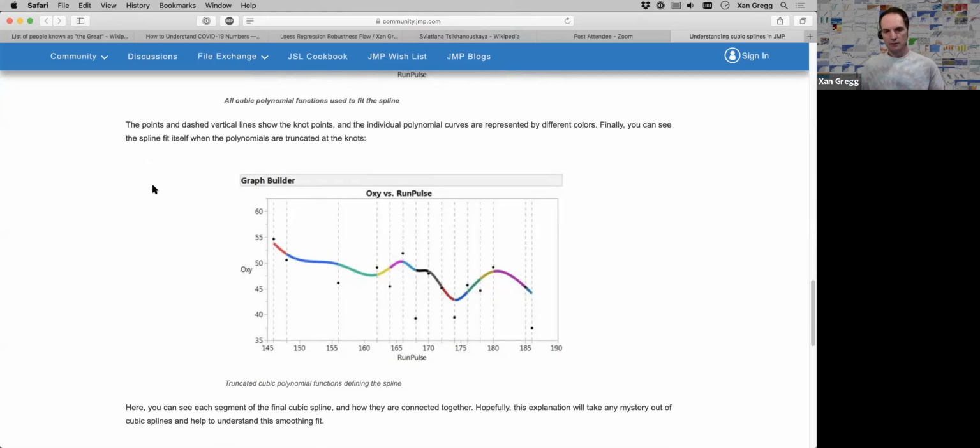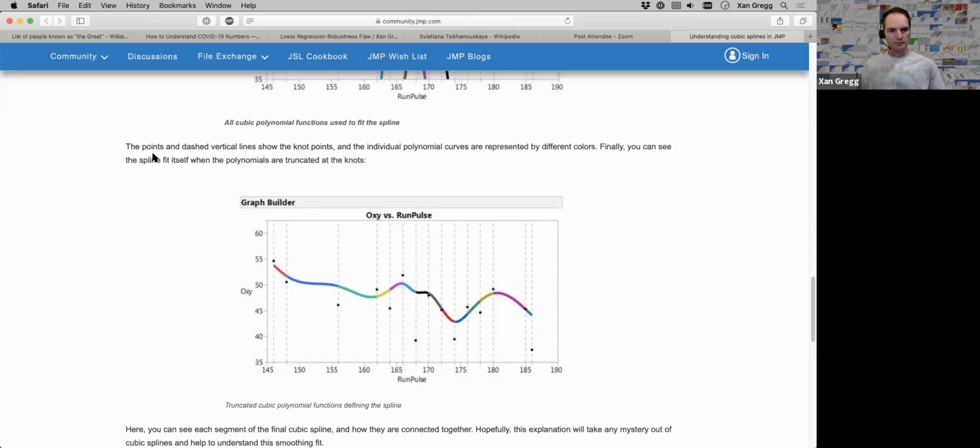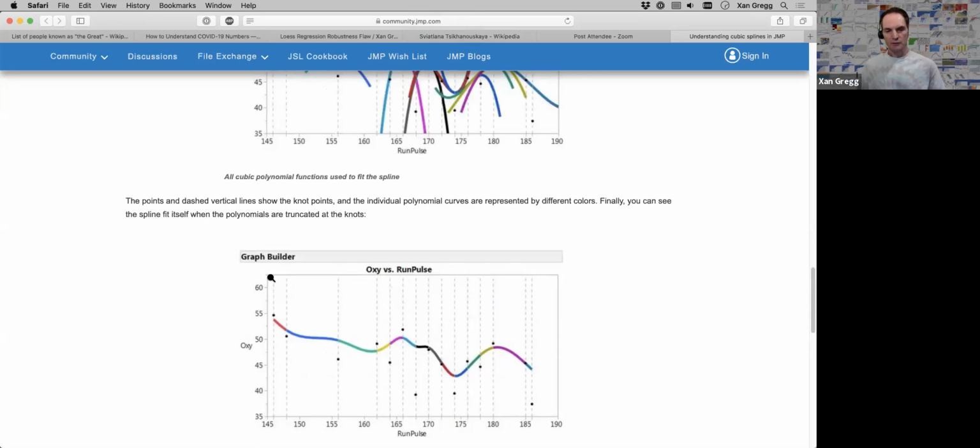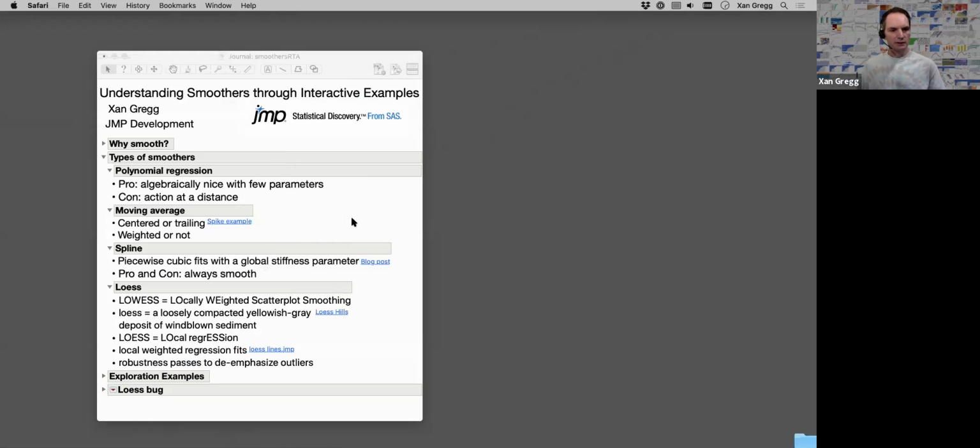So there's still lots of choices there. I forgot to mention, normally you think of these as having a single parameter, which is called the stiffness parameter. So you can control how stiff this is, but the knot points you could also think of as hidden parameters. So let's get back to JMP.